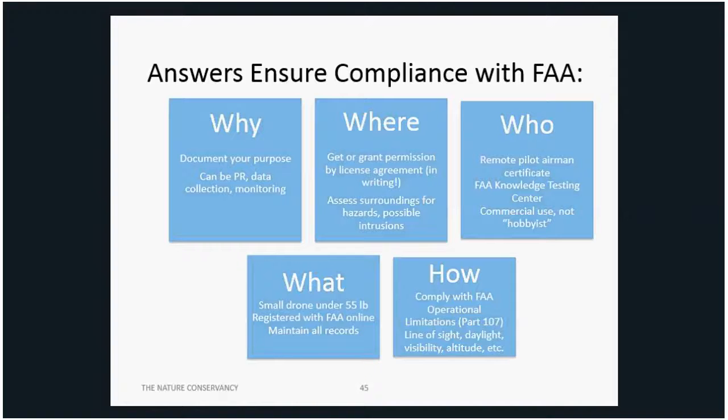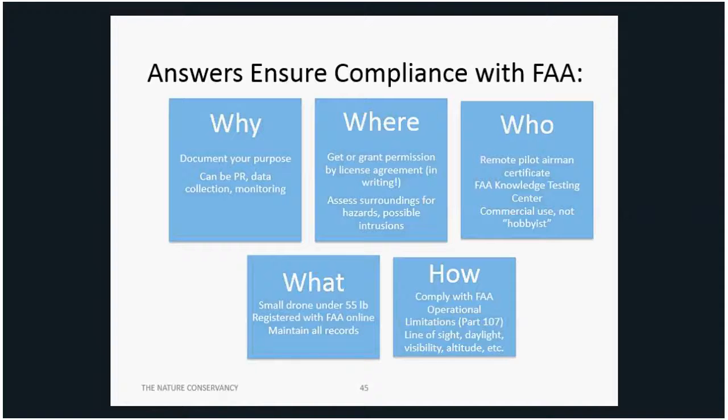For instance, if for whatever reason it's important for you to do a night mission or some other kind of mission that will take you out of the operational limitations associated with flying a drone without a permit, you can go through that process.